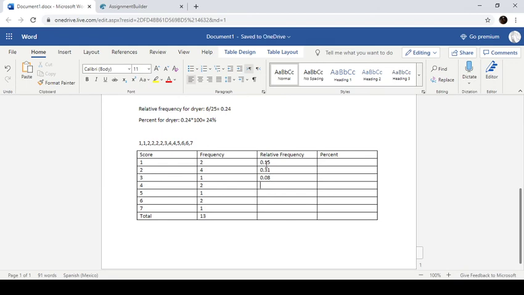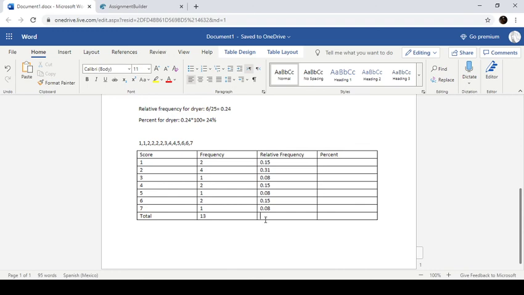That's 0.15. 1 is another 0.08. Another 0.15. Another 0.08. There we go.